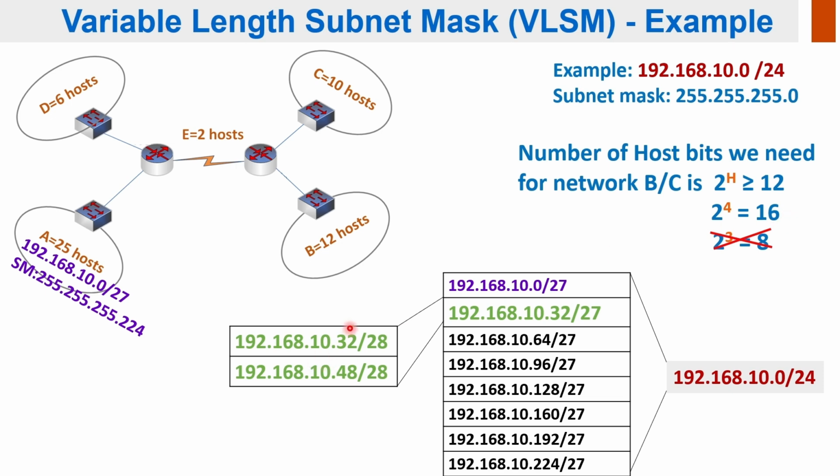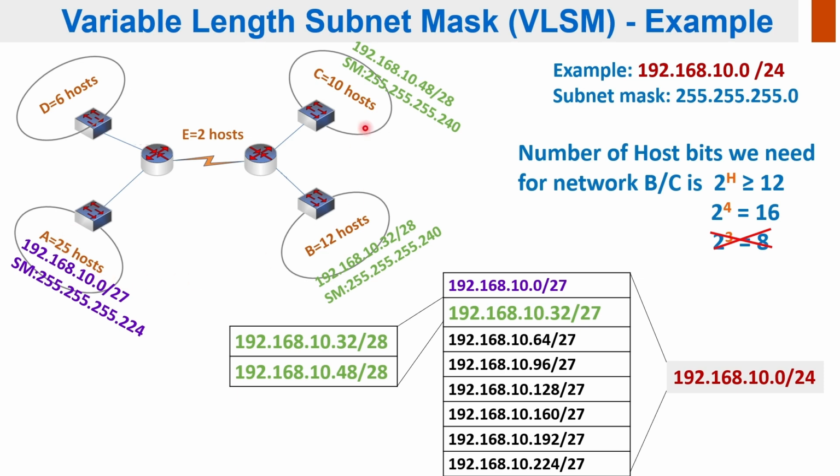So what is the next subnetwork? 32 plus 16, which is 48. So we don't need to do the calculation again for binary and then binary to decimal. We can directly find it based on the block size. So now we allocate these 2 networks to 2 different networks, B and C.